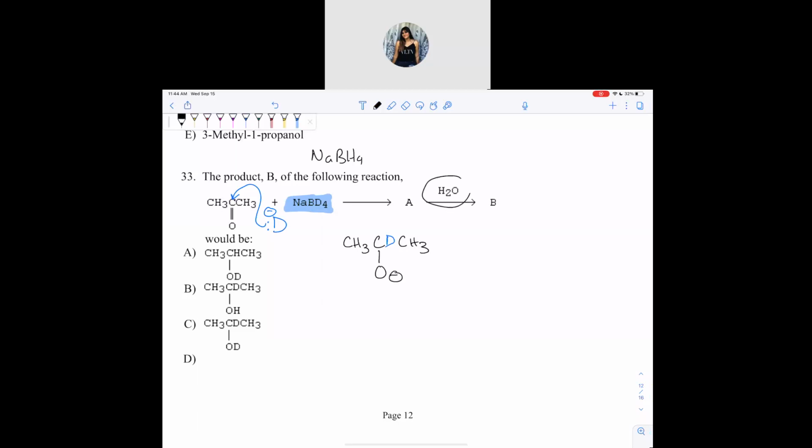And at this point, we have H2O. So when it steals a hydrogen, it becomes OH. So we get CH3, CD, CH3, OH. The trick here is some students would have mixed up where the deuterium goes. Maybe deuterium goes both places, but we know deuterium is the one that did the attacking, and then the protonating was done by the water.